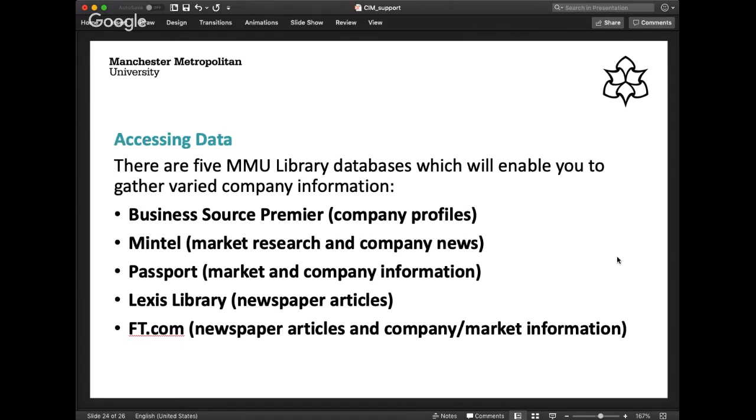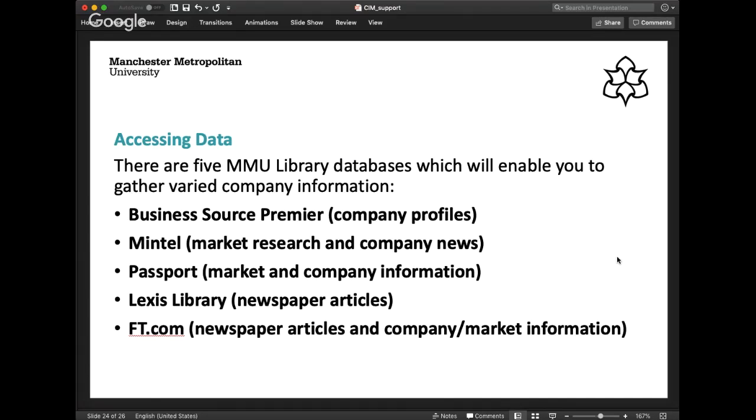So when you're accessing databases, we've had a look at some of the databases. Specific to this assignment, you're going to be looking for organisational data, some key market research data and key company information. You could go to Business Source Premier, where you can download some really big company profiles and reports.